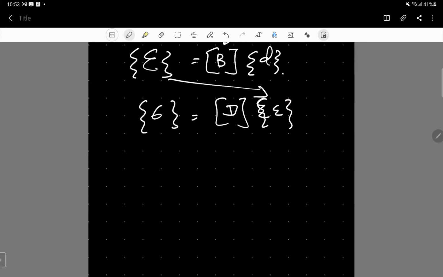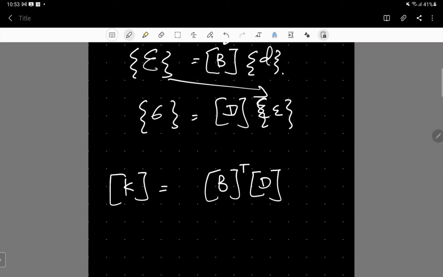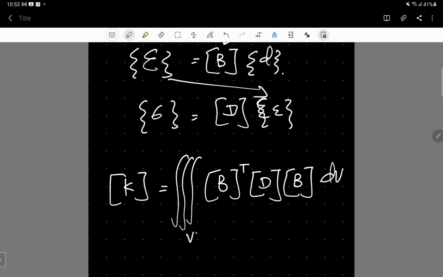So when we think of deriving the stiffness matrix for a tetrahedral element, we need to perform this multiplication, which includes the B matrix, the constitutive matrix multiplied by the B matrix, and this is now a volume integral because it's a 3-dimensional element which has to be completed over the total volume.